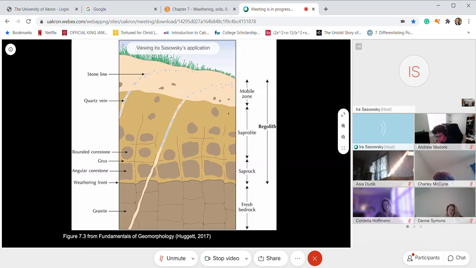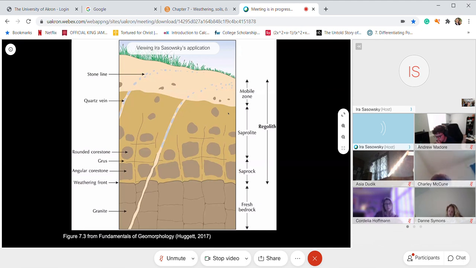And I meant to bring some to show you, but I will try to remember to do that next time. But basically, it's just weathered granitic material. And we call that zone the saprock zone. And that's the beginning of our regolith.